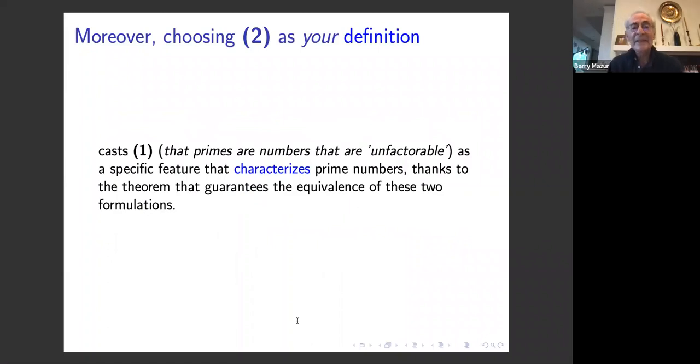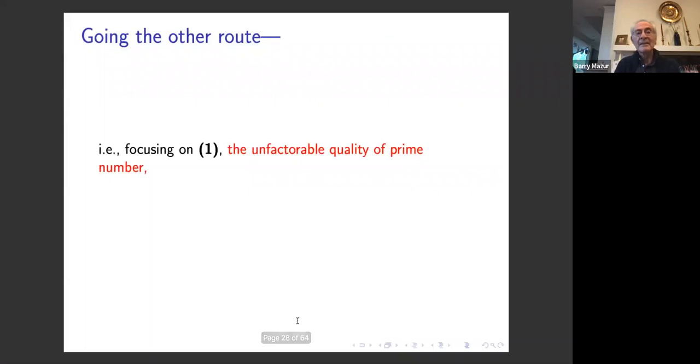And once you've done that, the unfactorable definition, definition 1, becomes, well, a specific feature that characterizes prime numbers. It's equivalent, thanks to the theorem that guarantees this equivalence between these two formulations.